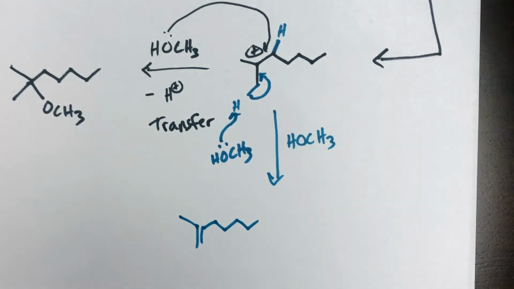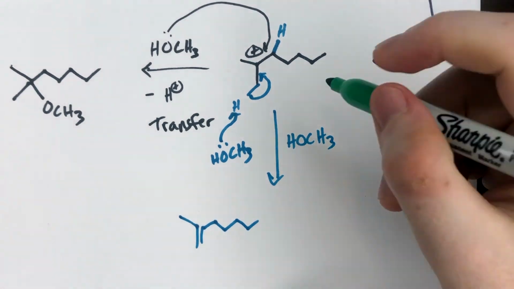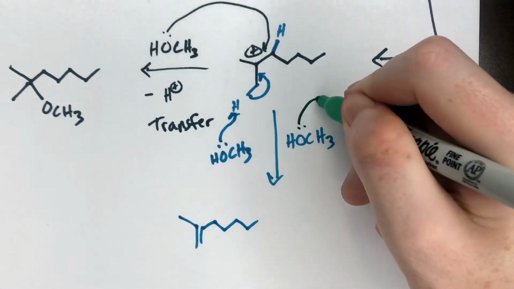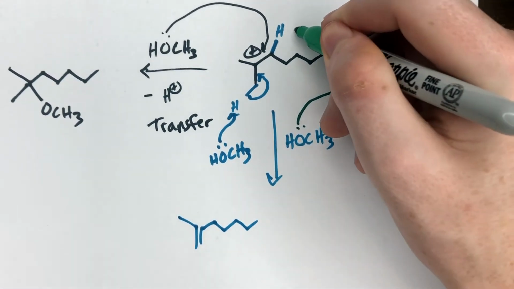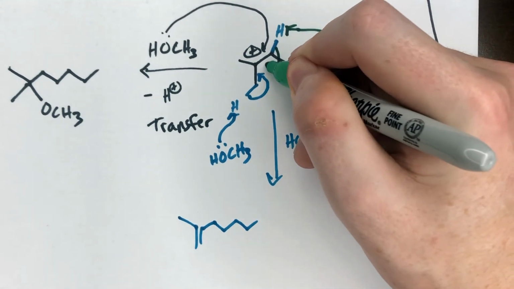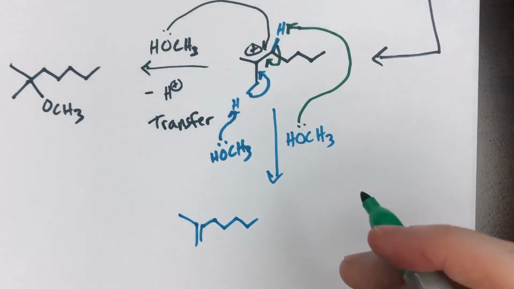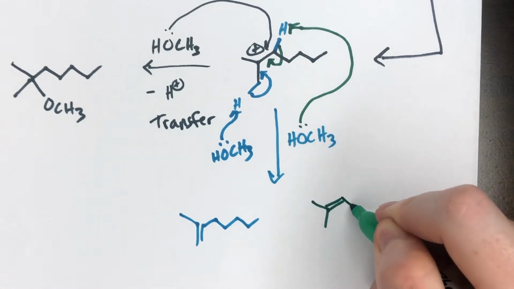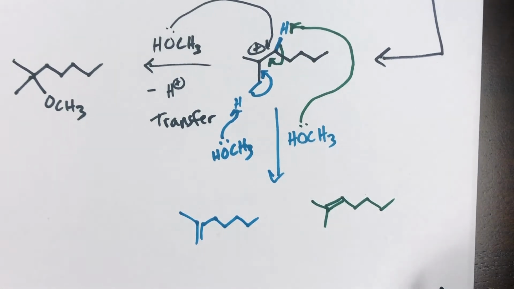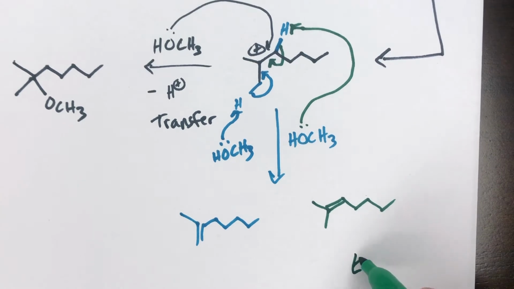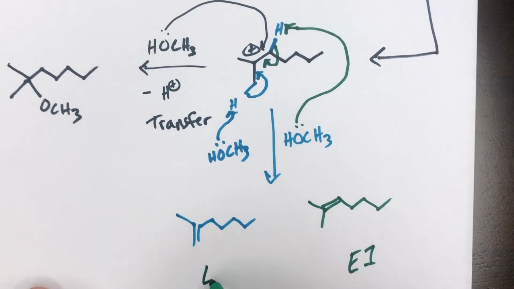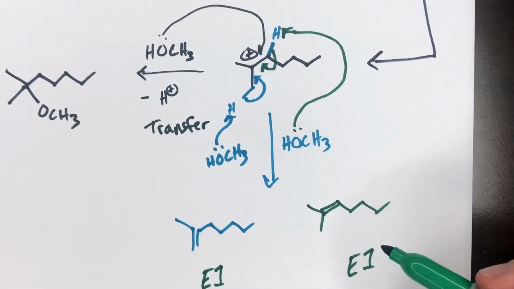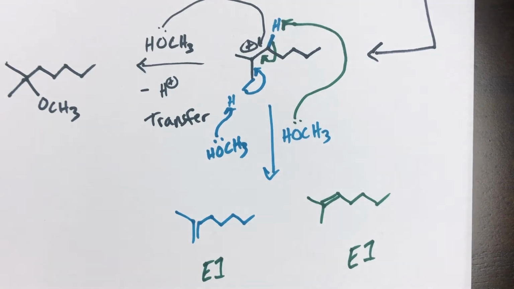Or let's draw this in a different color. Or this can remove this proton and form this alkene, which would be this one. And this is more stable. These are both E1 products. This one's more stable because the alkene is more substituted.